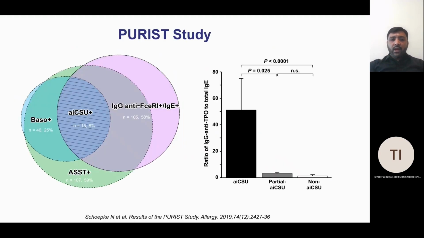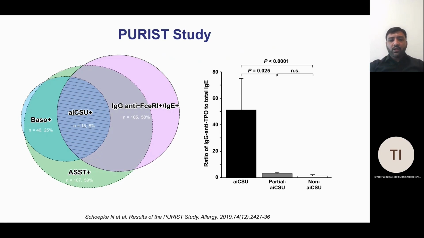The PURIS study had looked into around 182 chronic spontaneous urticaria patients, and they found that all 3 diagnostic parameters were positive in 8% of the patients, thus truly identifying type 2 autoimmune chronic spontaneous urticaria only in 8% of the patients.